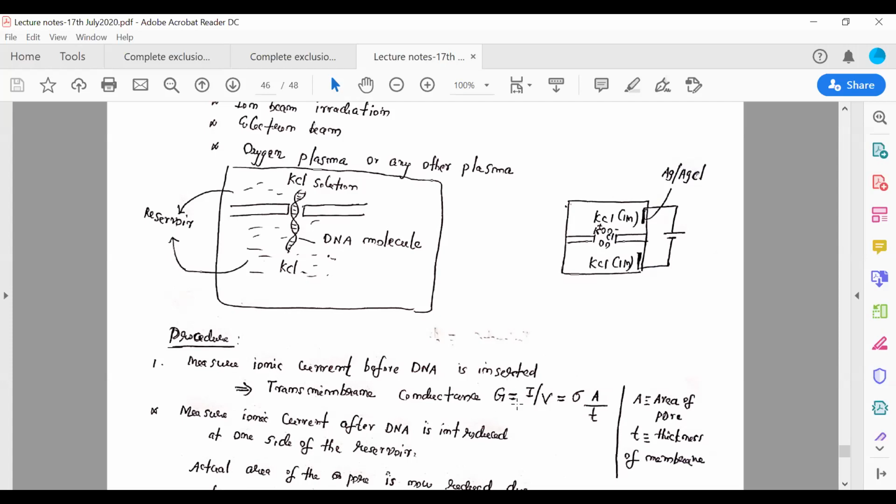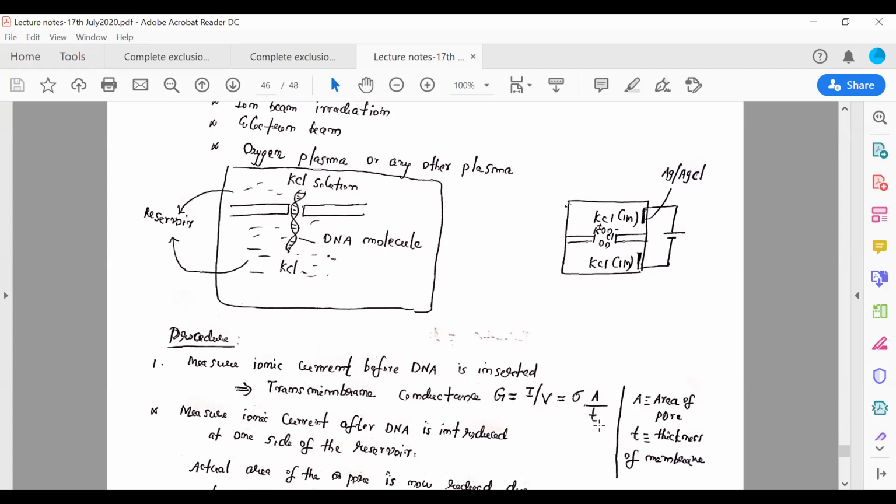This is actually a problem with carbon nanotubes, because if you have one carbon nanotube, your actual area available is very small, so your conductance is going to be very, very small, which you cannot measure. In the nanopore case, fortunately, because of the thickness, the conductance will be really high.